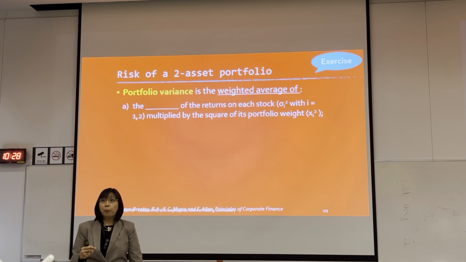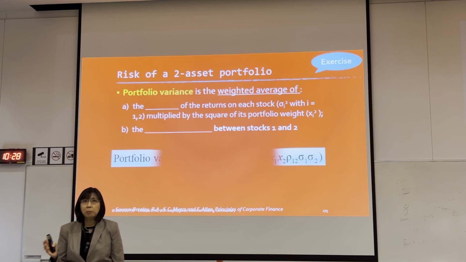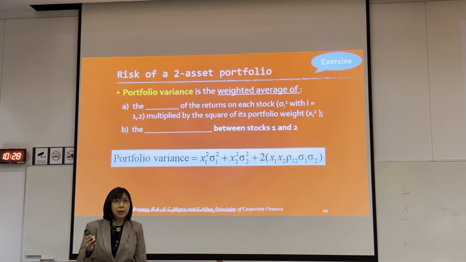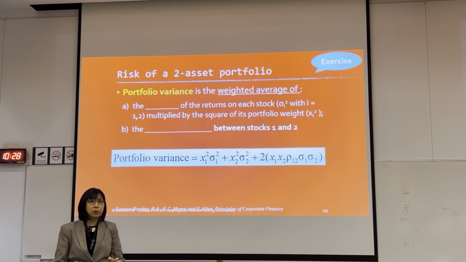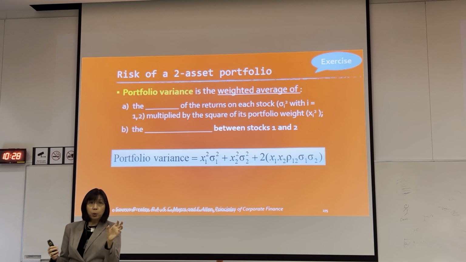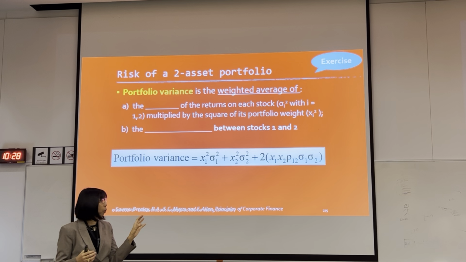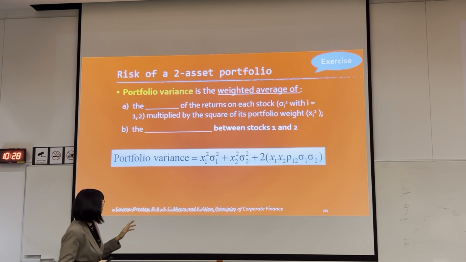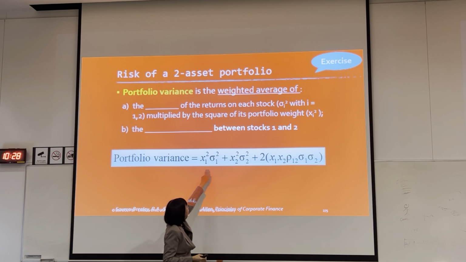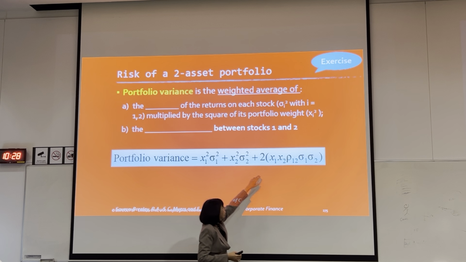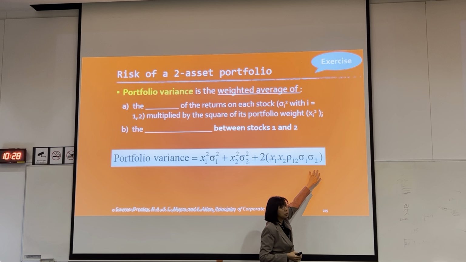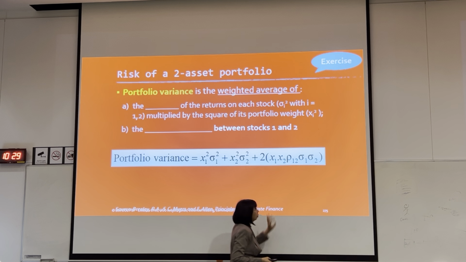Now, the portfolio variance is a little bit more tricky. The portfolio variance is a weighted average. Again, it depends on the weights that you put in U and Y for each portfolio. Basically, these are the weights, x1 and x2. These are variances, you see they're squared. And take note, these are standard deviations, so these are square roots.